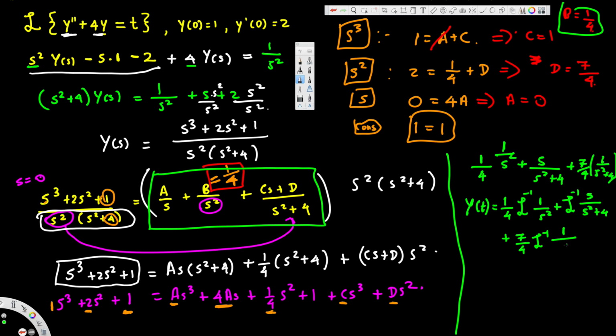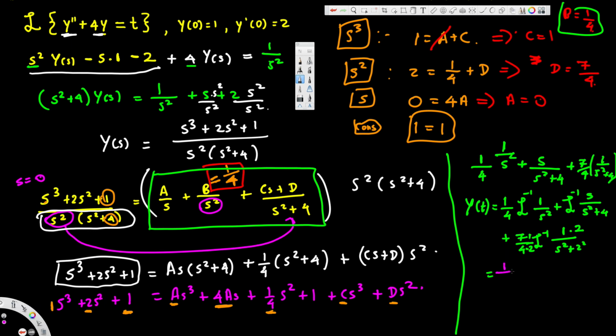So 1 over s square plus 2 square. And here, because we have b square right here, to make this the same as the numerator, we have to put a b, so 2 right here, and also we have to divide this one by 2. In that way we will get 7 over 8.